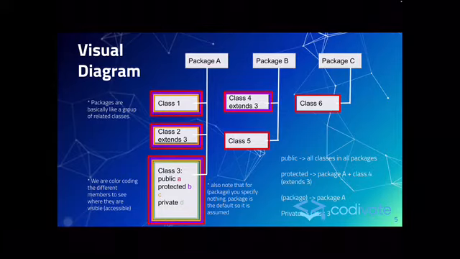Let's say you made class 3 have a public variable A, a protected variable B, a package variable C, and then a private variable D. Here, A would be visible everywhere. You can see that since all the boxes have a red box around them.